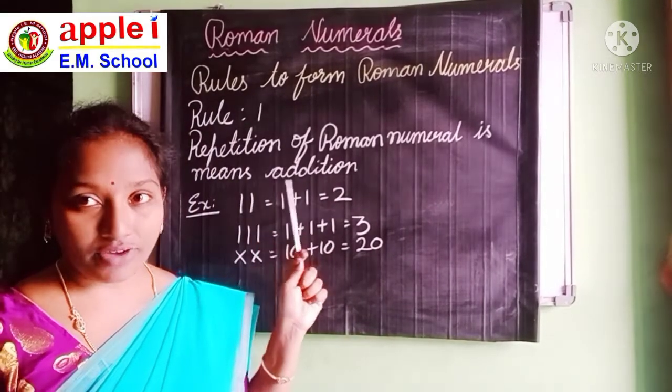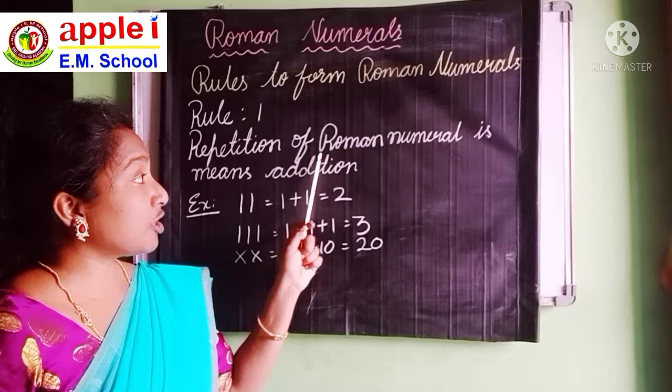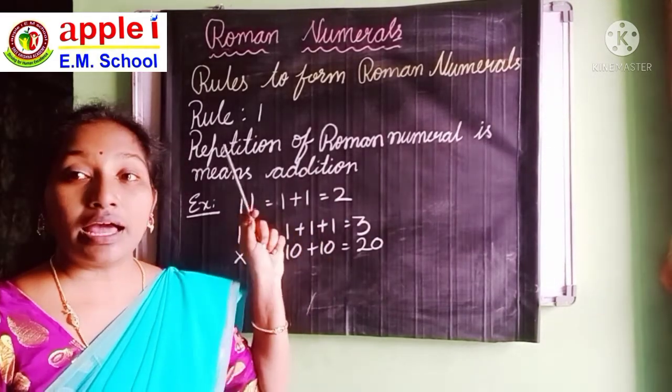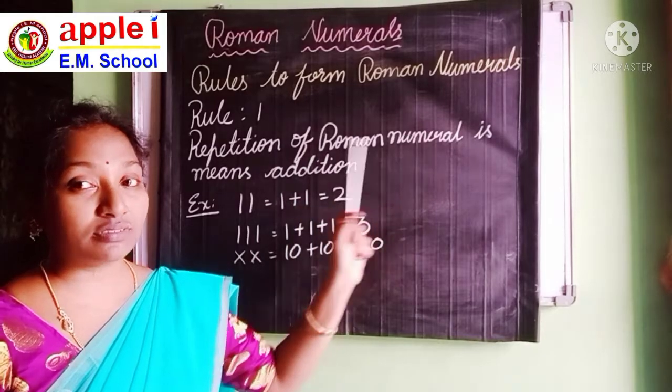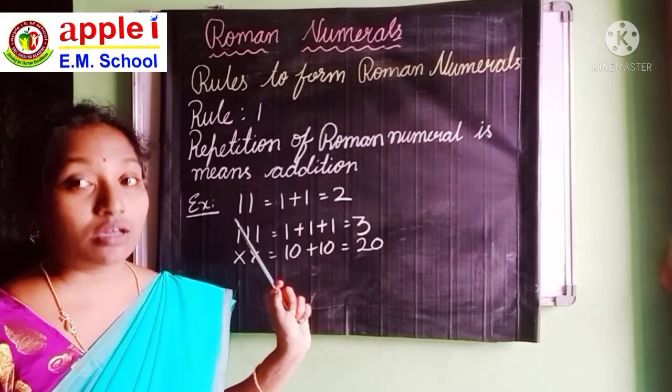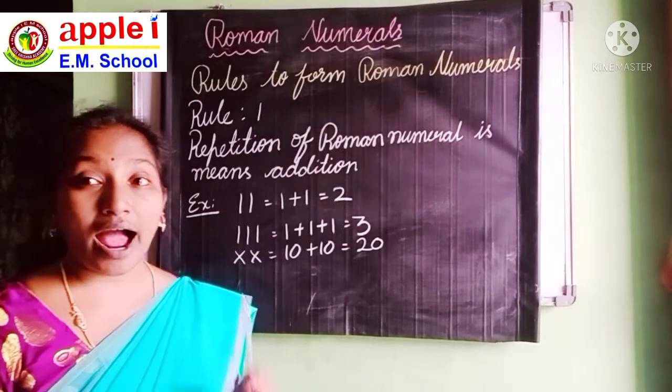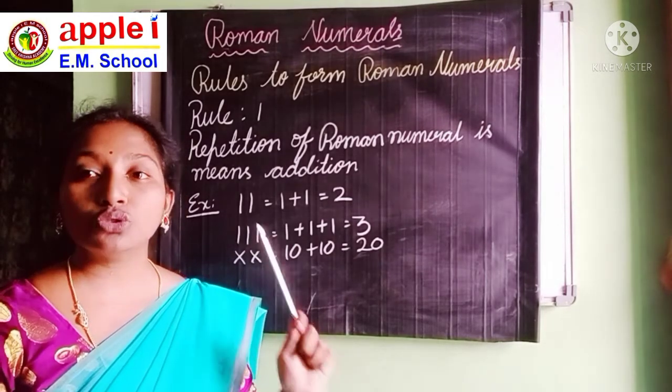Now let us learn some rules in Roman numerals. Rule 1: Repetition of Roman numbers means addition. For example, II. Here, I is repeated 2 times.